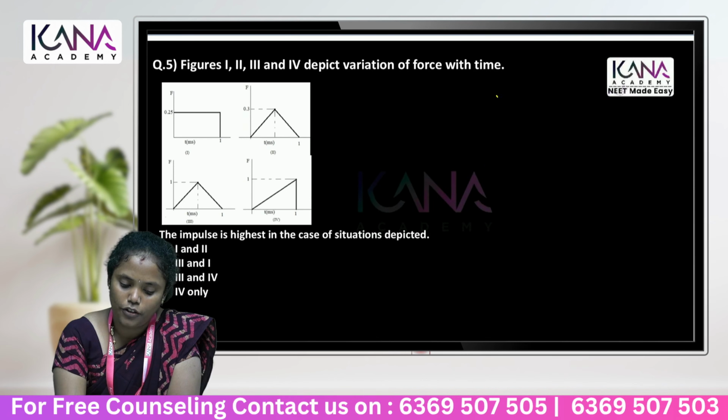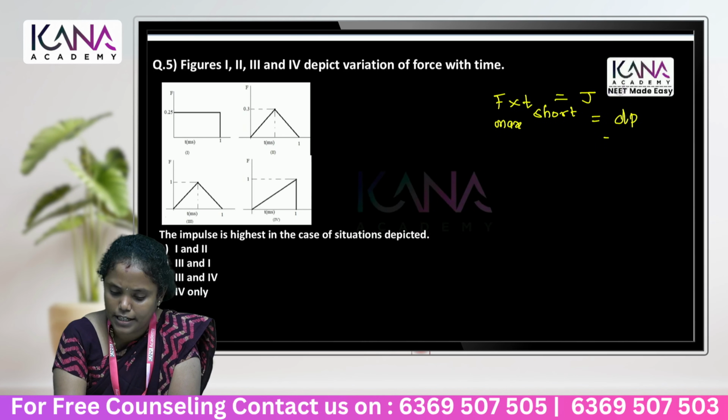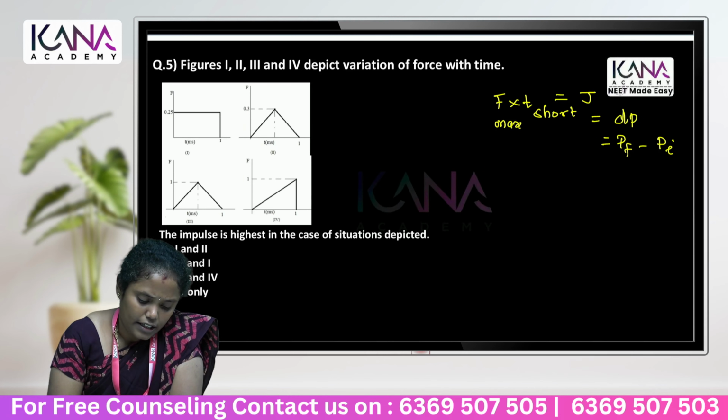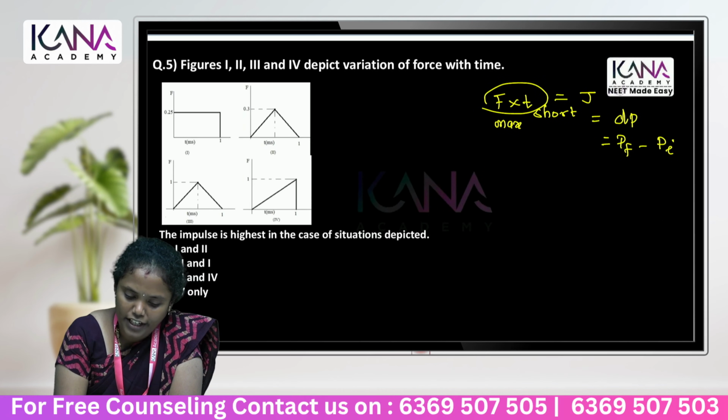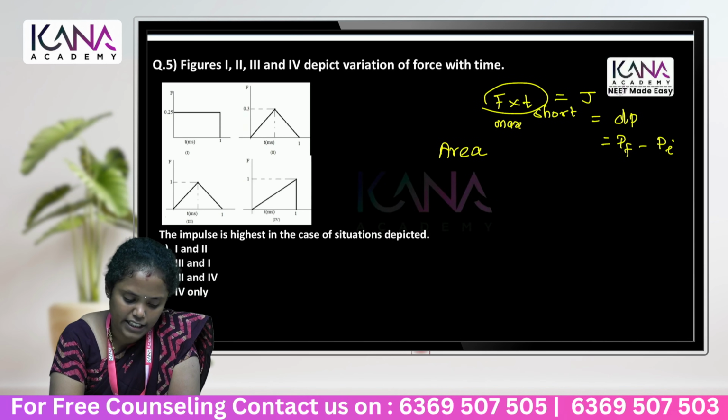You know that force into time, maximum force acting on a particle for a short duration of time is the impulse J. Impulse J is also change in momentum, that is pf minus pi. நமக்கு force into timeக்கு தான் graph கொடுத்துருக்கோம். So we need to find the area under the graph. எதுக்கு highest?